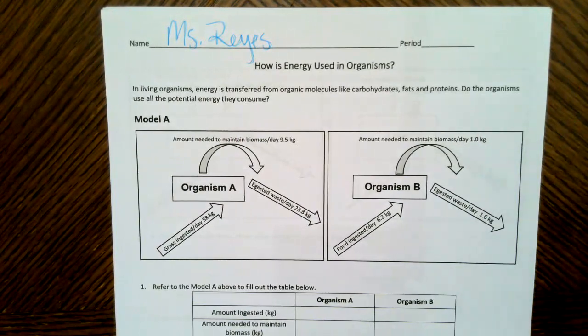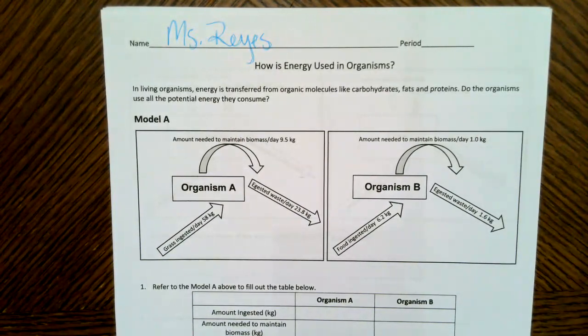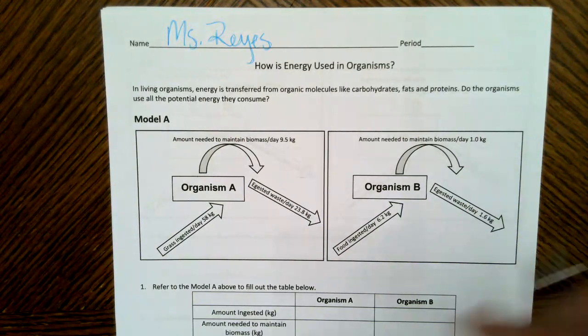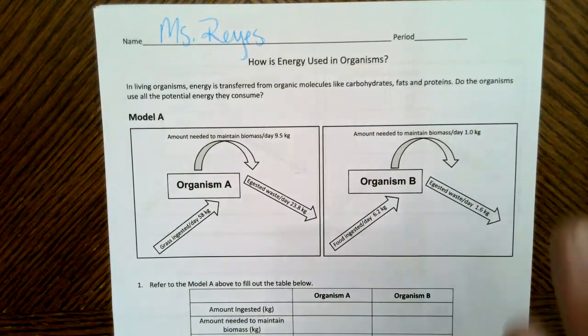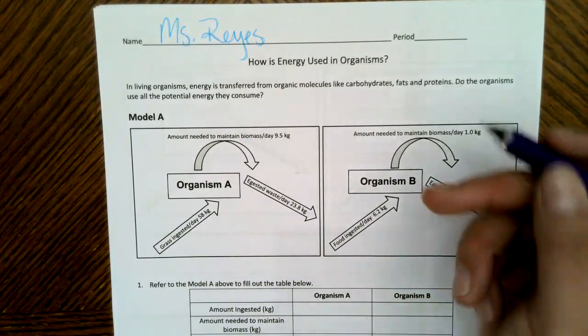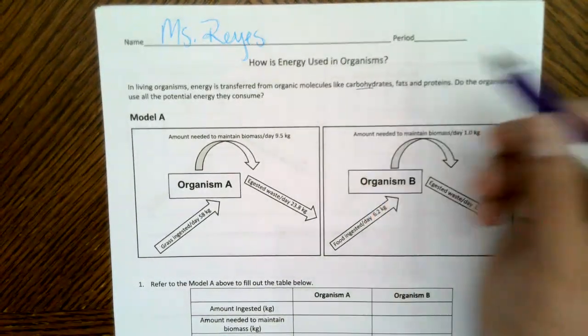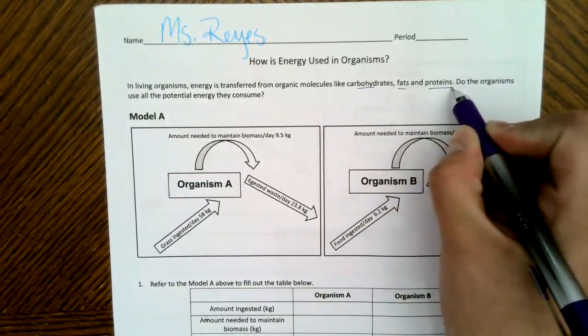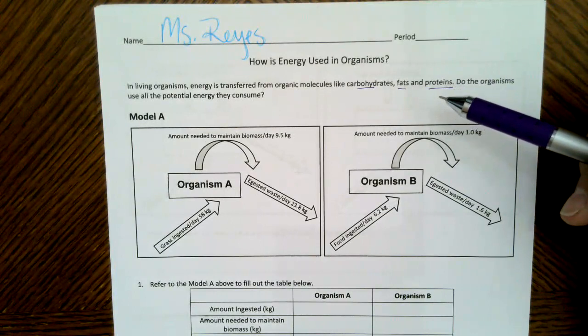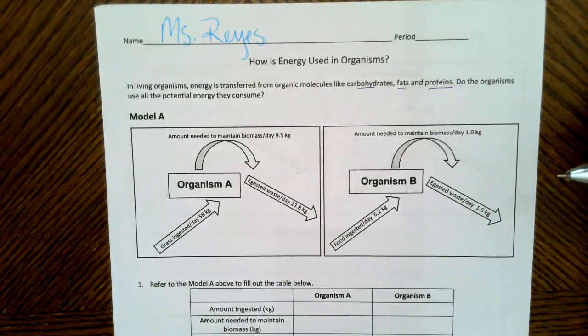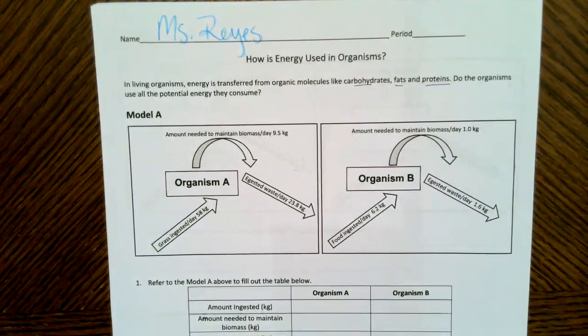And the stuff that you eat can be broken down into tiny bits. For our purposes, we break them down into carbohydrates, fats, and protein. These are three very important organic molecules that we consume and get our energy from. So just keep them in mind.